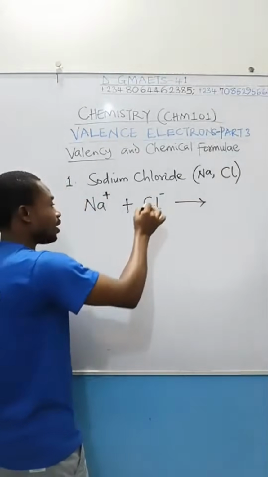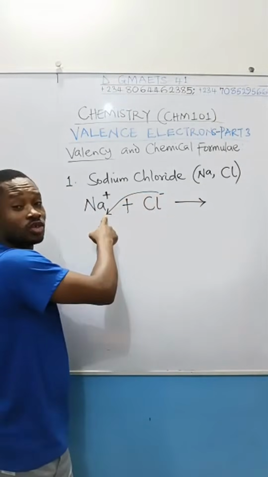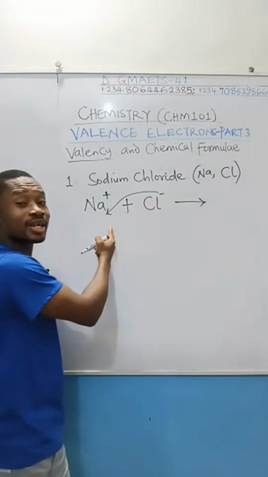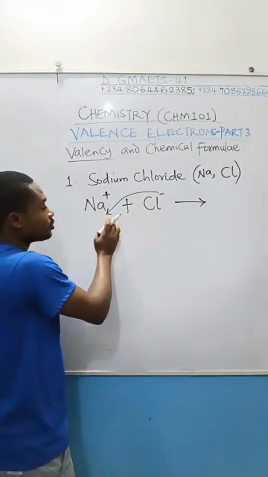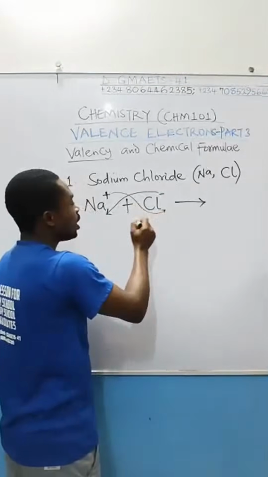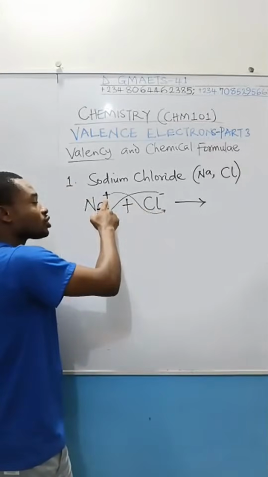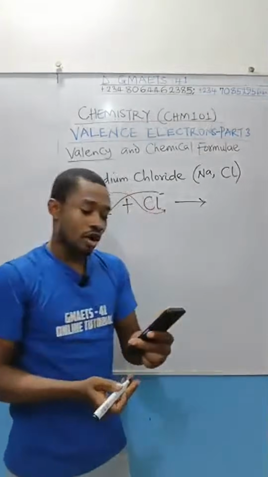Chlorine will give its valency to sodium, and the valency will be written as a subscript just on the right of that sodium below. Sodium will give its valency to chlorine, and the valency of sodium will be written as a subscript on the right of chlorine.